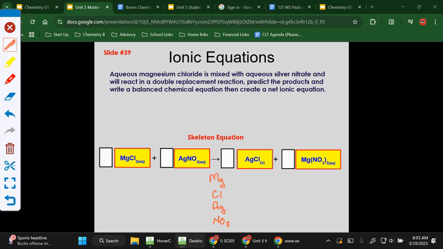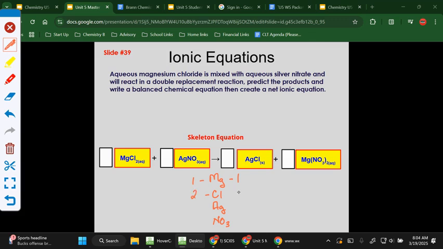How many magnesium are on the reactant side before the arrow, Claire? How many magnesiums are there? 1. Perfect. How many on the product side, Claire? 1. How many chlorines on the reactant side, Elsa? Before the arrow, how many chlorines? 2. Thank you.